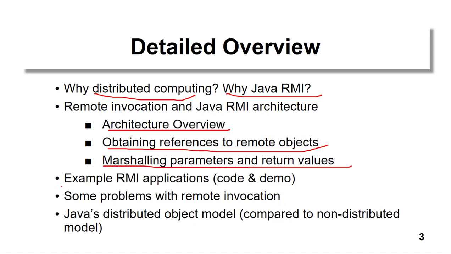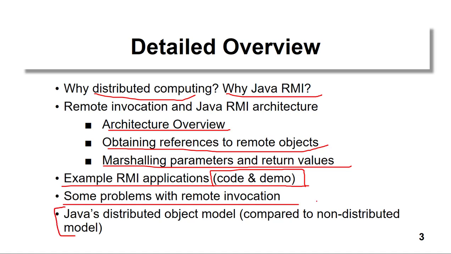I'll also be looking at some example RMI applications. We'll do a coding demo of 3 examples, and we'll discuss some problems with remote invocation that we need to think about as application programmers, and we'll discuss Java's distributed object model compared to the non-distributed model.